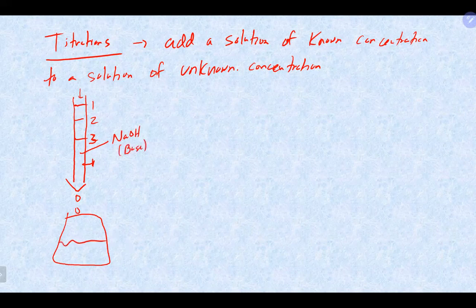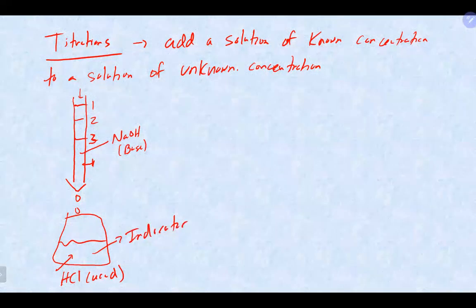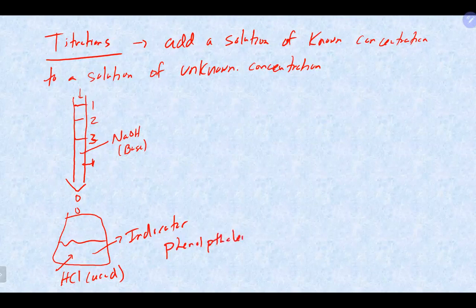And down here in the flask or beaker, you had an acid. I think you did HCl the other day. So you had your acid. We also put an indicator in there, if you remember. The indicator that we used was phenolphthalein.